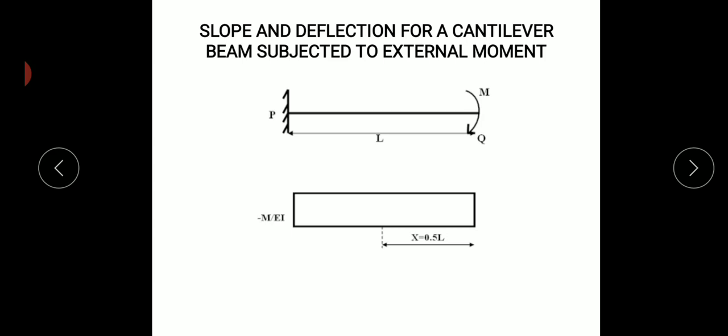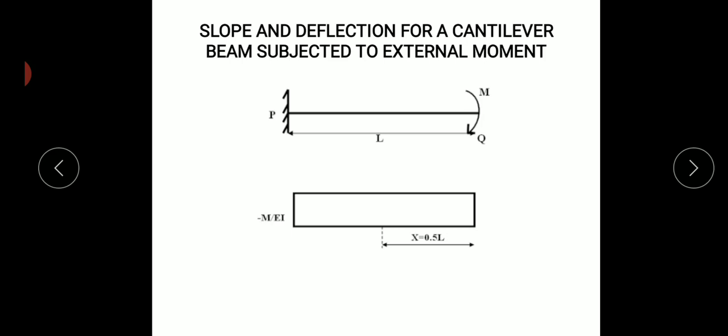The beam is only subjected to the external moment, and apart from it there is no force. So the effect of the moment remains the same throughout the entire span, and there is no variation in the M by EI diagram.